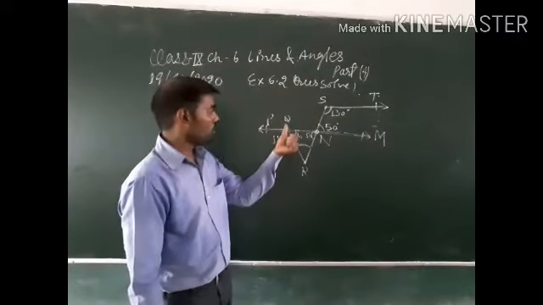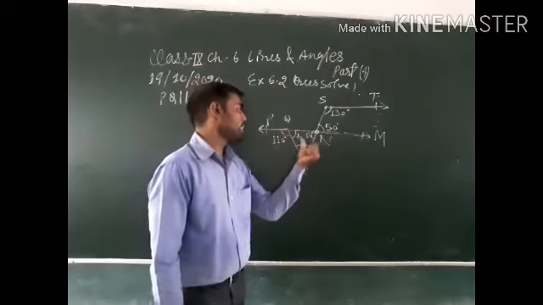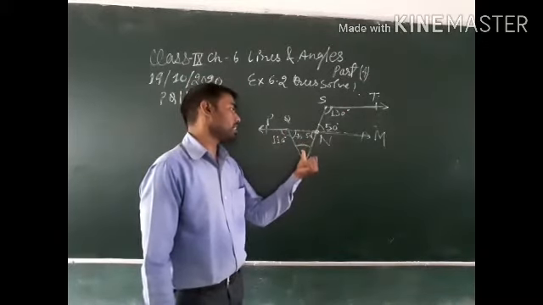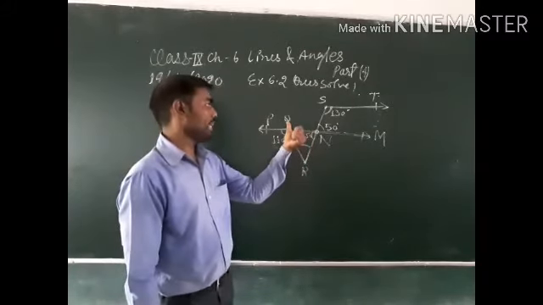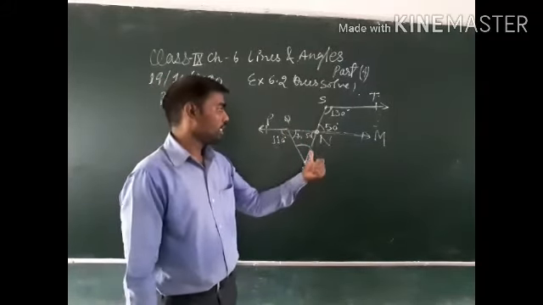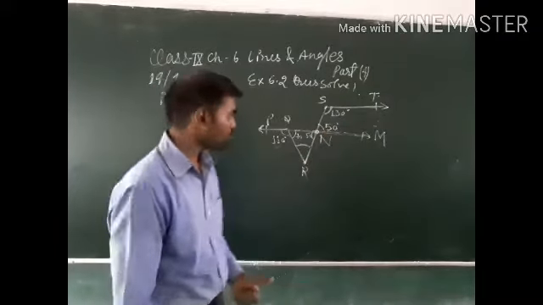In triangle QRN there are two known angles and one unknown, so first you find angle QRN, then you find angle QRS. So this is the first type.